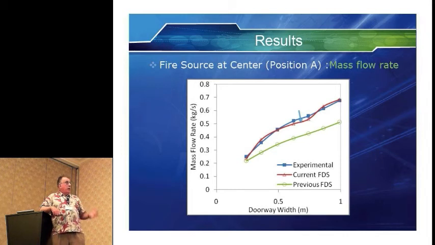This is for the burner in the center. These experiments were at several burning rates, so they obviously picked one, and I forgot what that is, but there was a range of fire sizes that one could also look at. You see the previous FDS was low, as you saw in the first slide, and now it does a really good job.